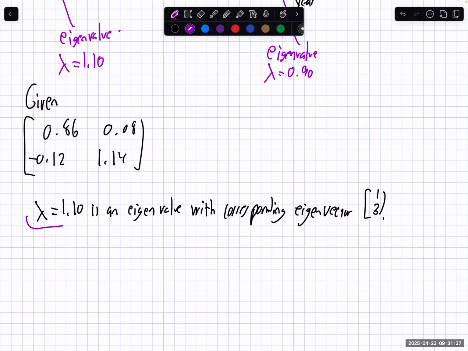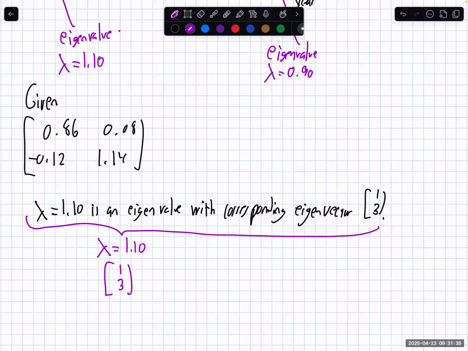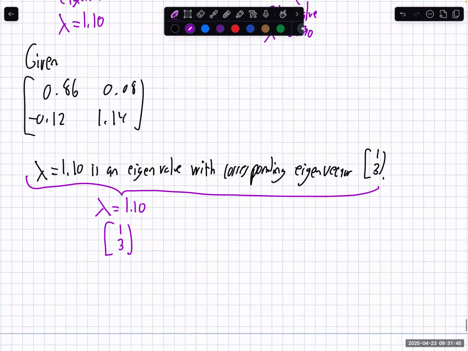And when I'm lecturing, I'm going to abbreviate this. Just write lambda is the eigenvalue, and then I'll write the eigenvector underneath it.